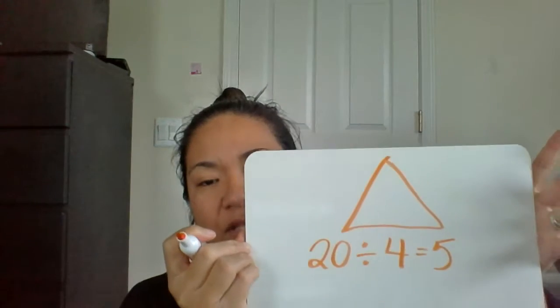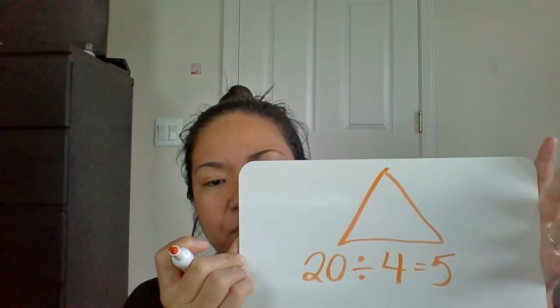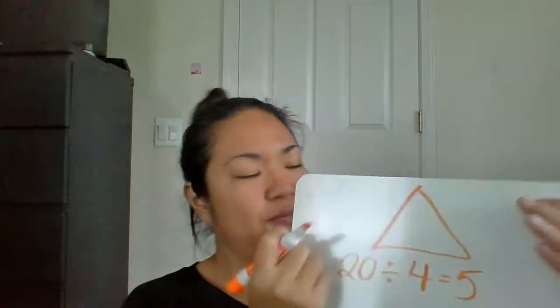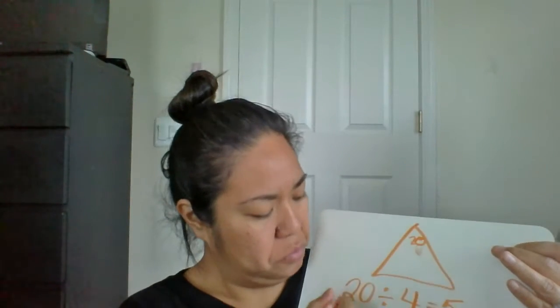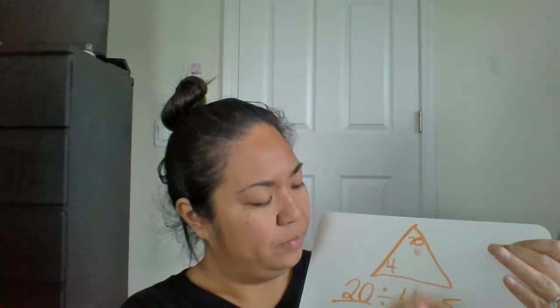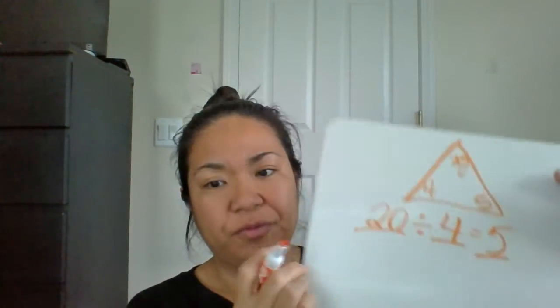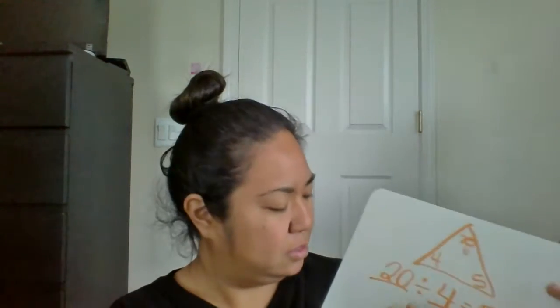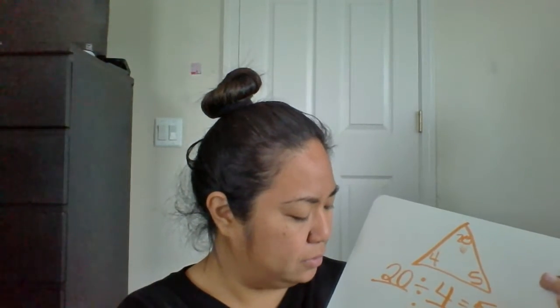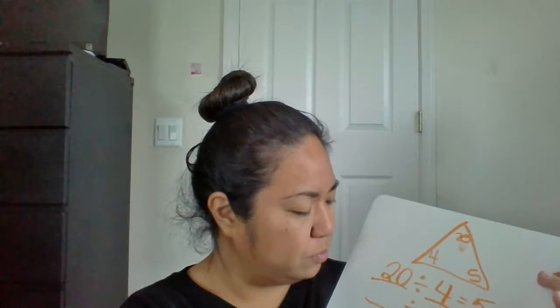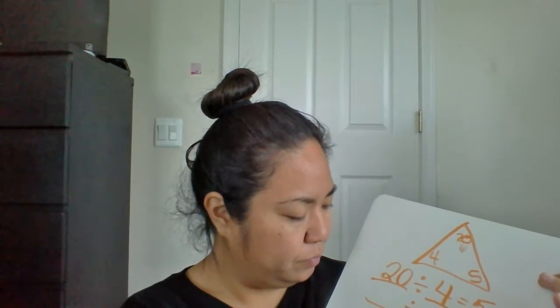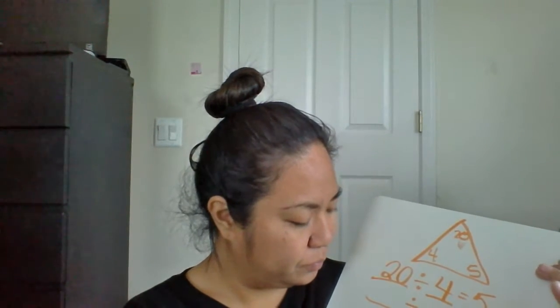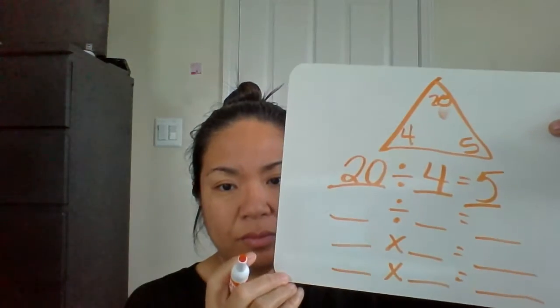What are the 3 numbers I'm using in this fact family? 20, 4, and 5, right? I can take these numbers and create 2 division problems and 2 multiplication problems. Can't I?